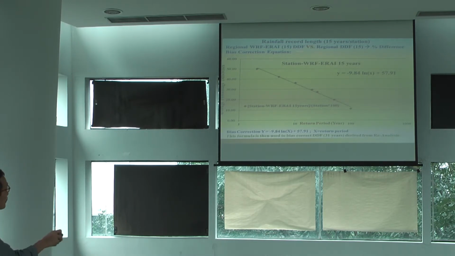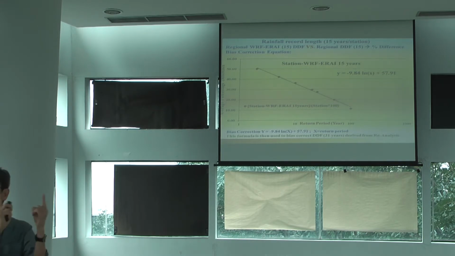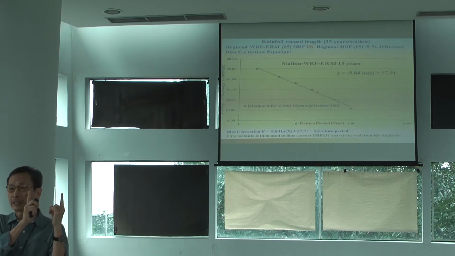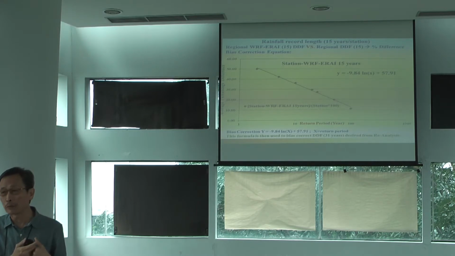We have this regression coming from different periods, so you have to do some bias correction for different periods. I'm using the 15 years, deriving the intensity duration frequency curve, and comparing that with the intensity duration frequency curve derived from observation data.